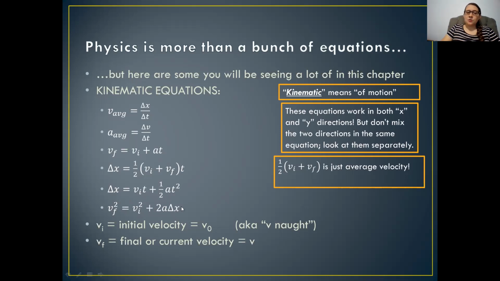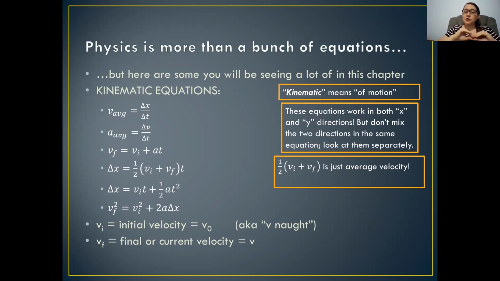So this last equation is really helpful when we don't know what the time is, but we do know how far it's gone, or how fast it's moving. So this one is really helpful for us as well. Now these equations, I have them written a certain way, but they work in both the x direction and the y direction.